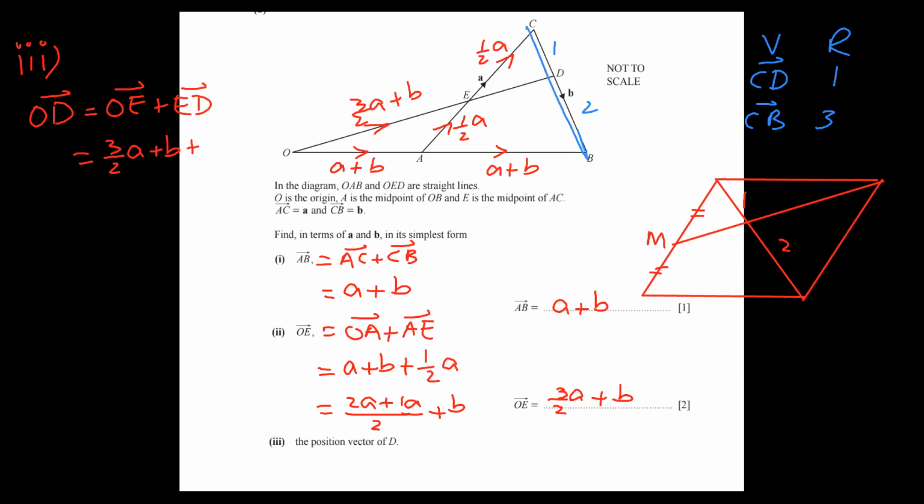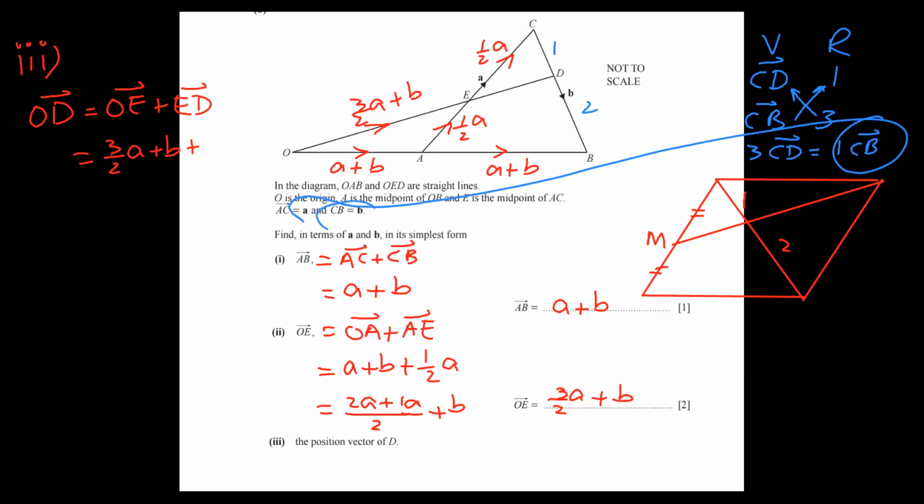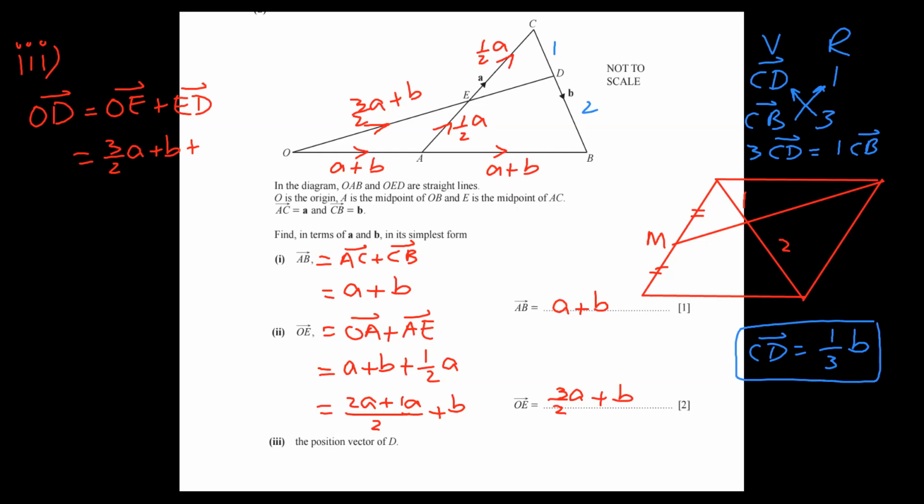So for the total vector CB, I wrote 3 ratios. Cross multiply: 3 times CD is equal to 1 times CB. And CB is given as small b, so I can replace it. CD vector is equal to 1/3 times 2 B vector. So this is the most important link we're looking for.